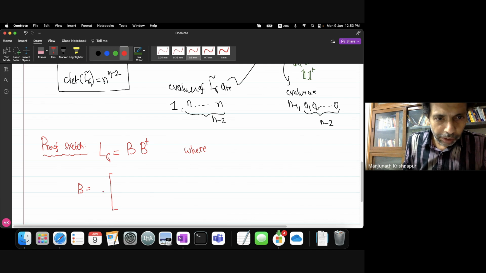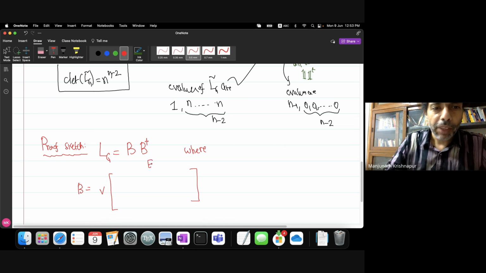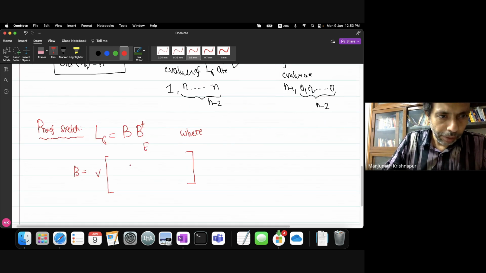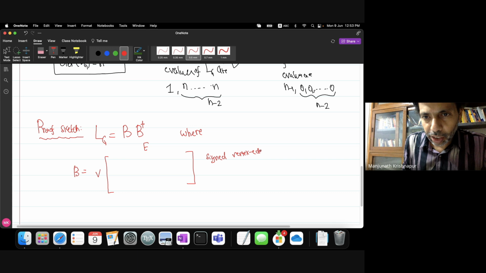The rows are labeled by vertices. The columns are labeled by edges. So what we have to do is, if you have a graph, this is a signed vertex edge adjacency matrix.